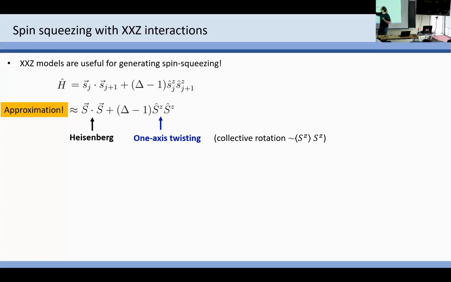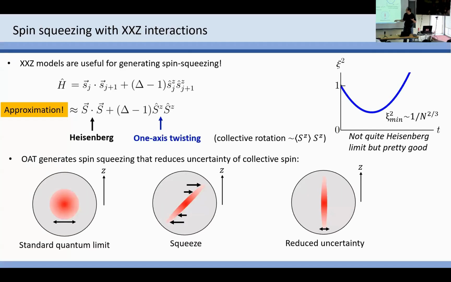And this latter is known as the one-axis twisting Hamiltonian, you've probably seen this before, which at the mean field level is just a collective rotation about Sz that depends on the magnetization Sz. Now, the one-axis twisting model generates spin squeezing by simply taking, if I have a superposition, this is the equator of the Bloch sphere with some quantum noise.